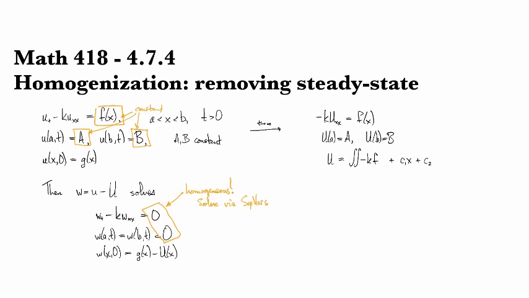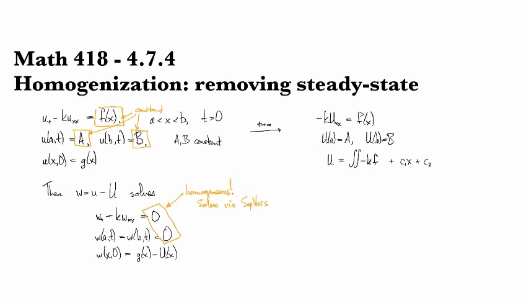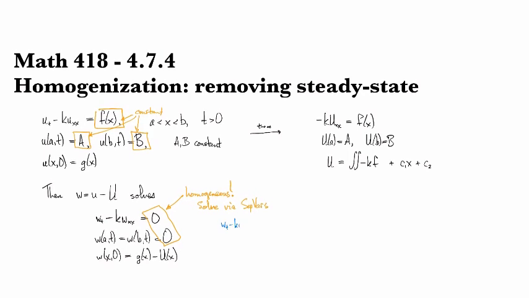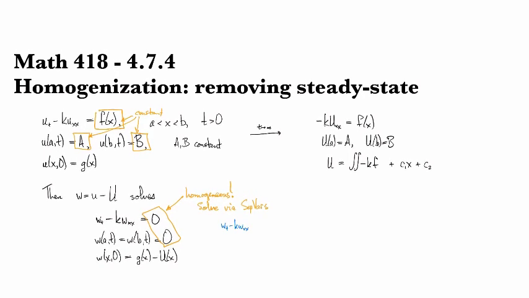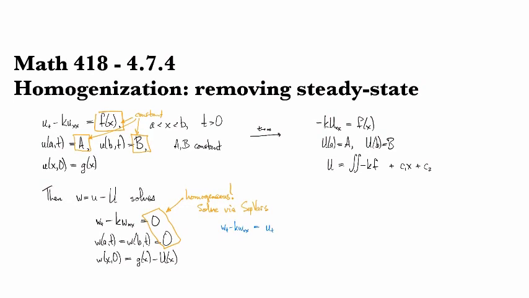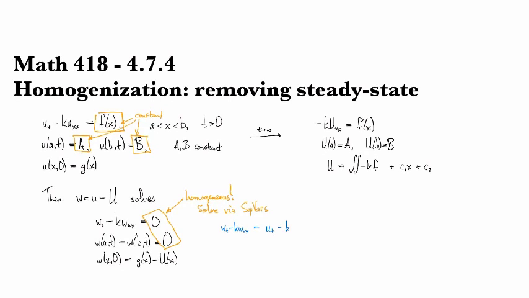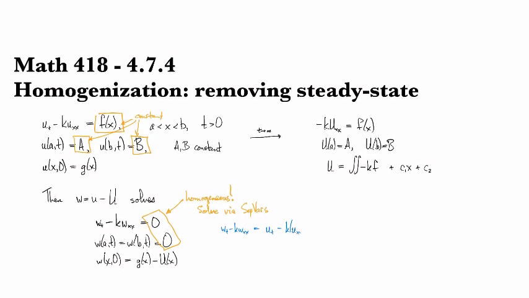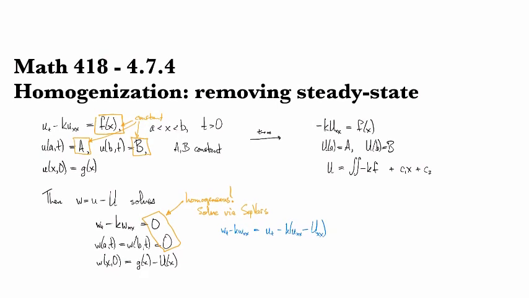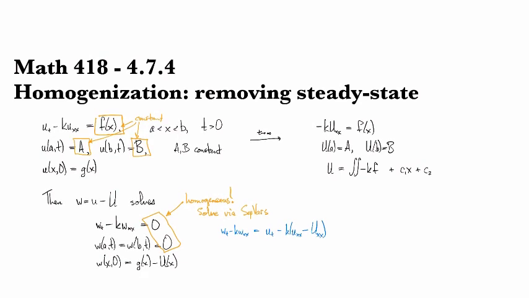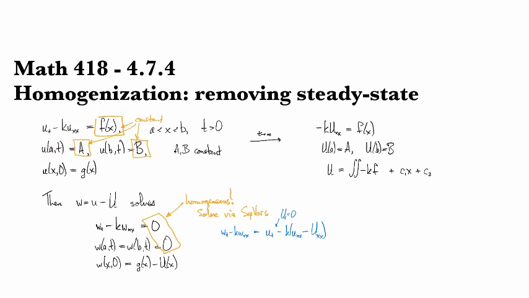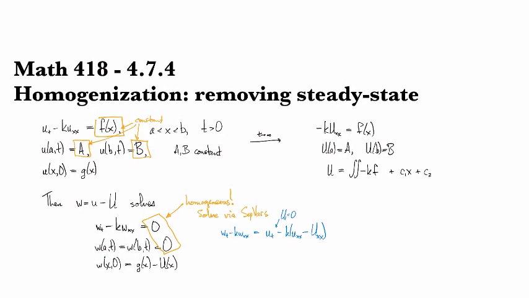And if you were wondering how these things came about, let's just look at wt minus kwxx with this substitution. So this is going to be ut minus kuxx minus capital Uxx. So capital U sub t is equal to 0, so there's no term right there.